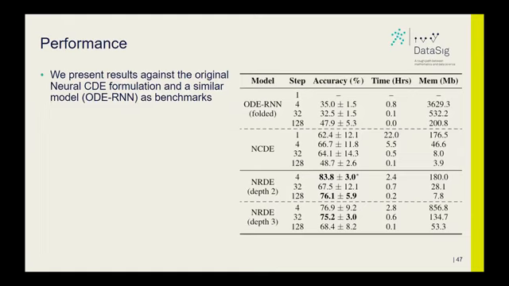And so here are the results. We've tested it against the original neural CDE formulation, and another benchmark, an ODE-RNN, which is another typical industry standard ODE method, where, when we've taken larger steps, we've pushed that time series dimension into the channel dimension of the ODE-RNN.